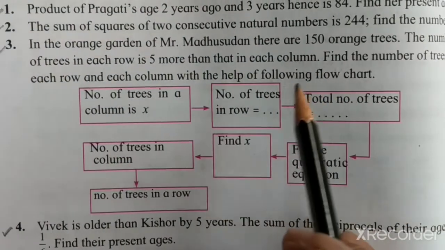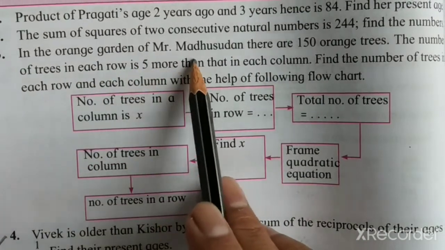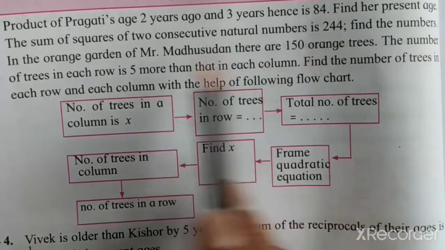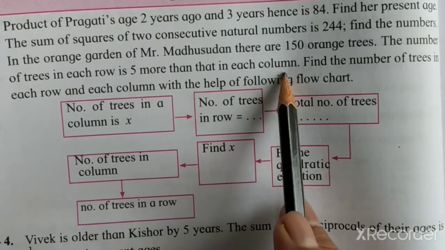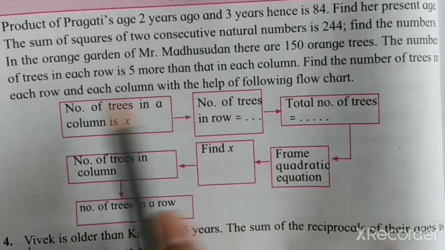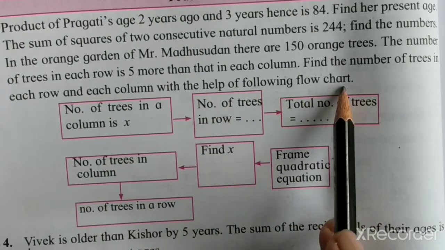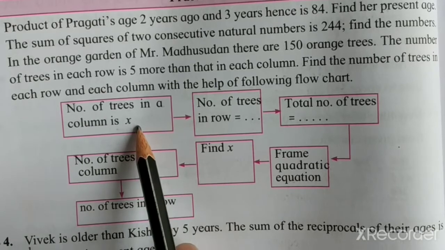Question 3 from problem set 2.6. In the orange garden of Mr. Madhusudan, there are 150 orange trees. The number of trees in each row is 5 more than that in each column. Find the number of trees in each row and each column with the help of the following flowchart. Here the number of trees in a column is x.